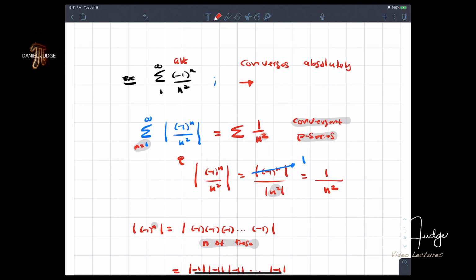And that implies that it actually is convergent, since absolute convergence implies convergence for the series. And this is the idea. This is finite, this sum. So this is what we're talking about, ladies and gentlemen. This is what we want to do, is we want to take a look at some of these alternating series, really, and show that they converge absolutely. And if they do, then we have general convergence.